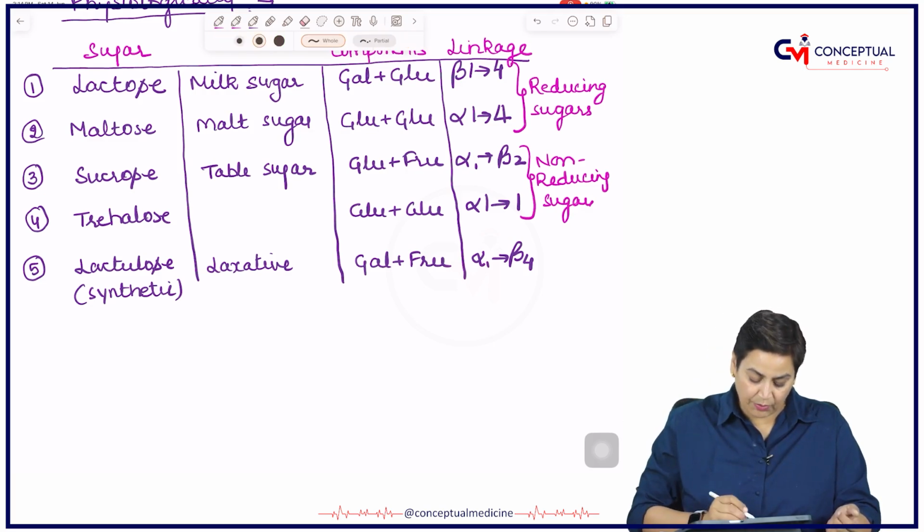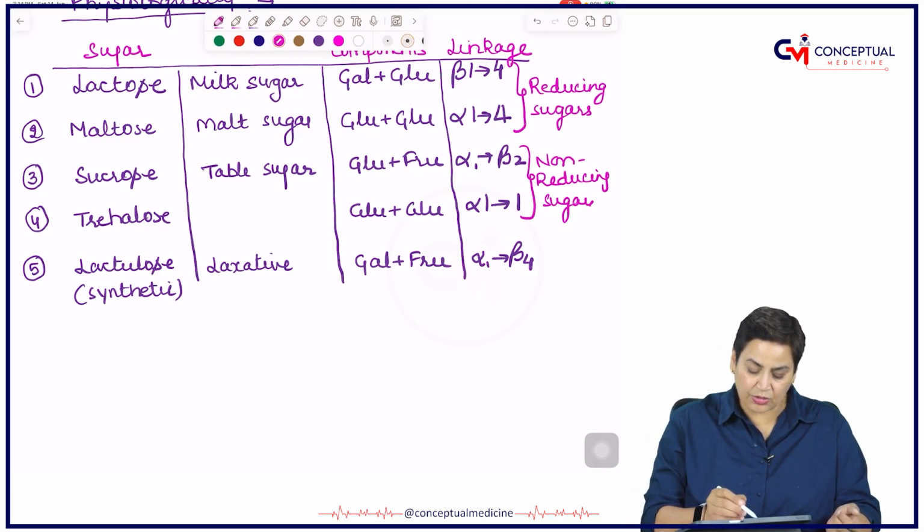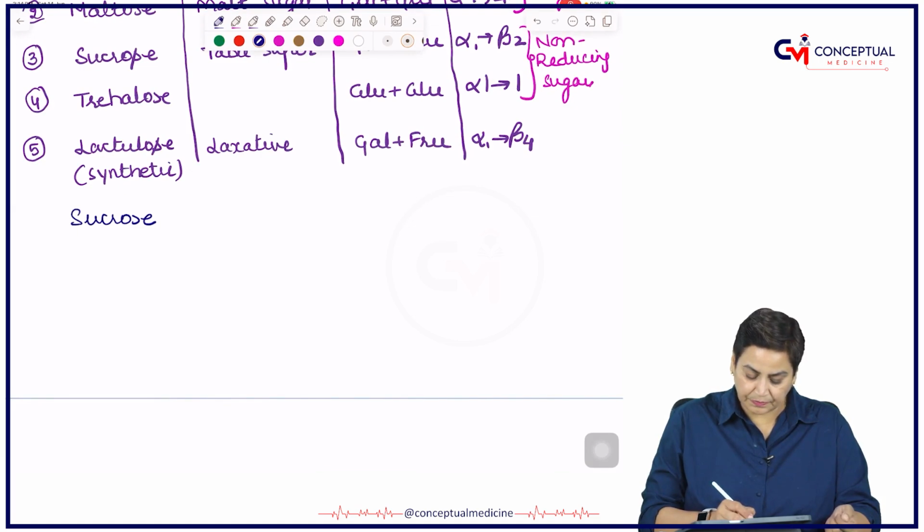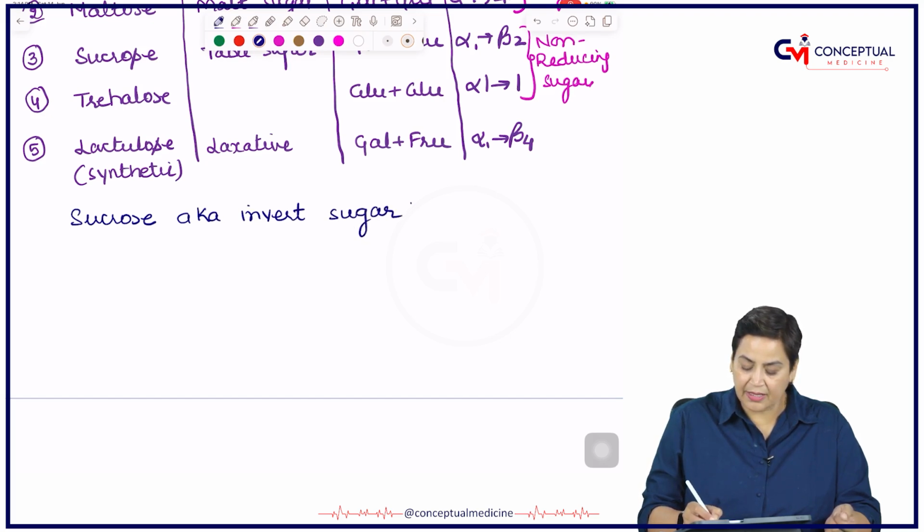Another important point is that sucrose is also known as invert sugar. Why? What is the reason behind that? This is again a very important question.